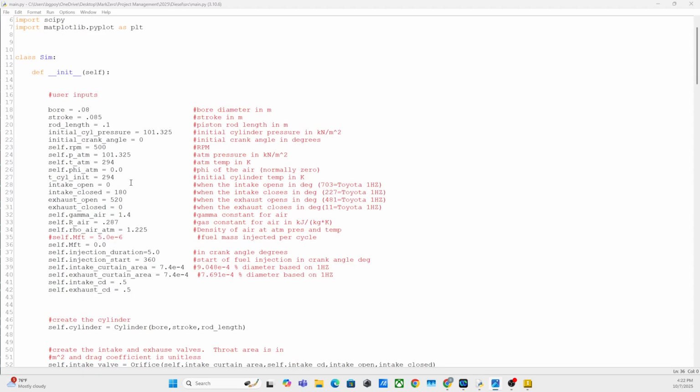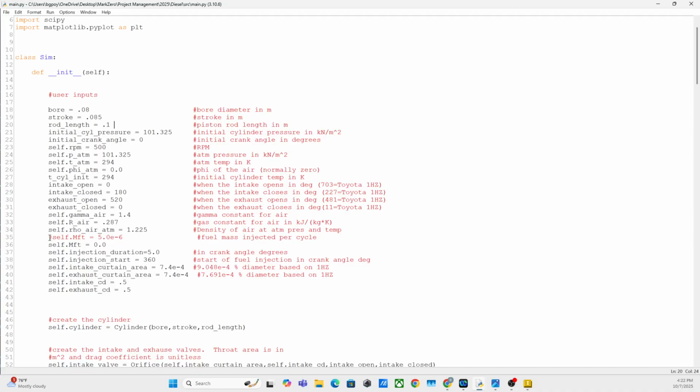So basically my estimated bore is 80 millimeters, so that's 0.08 meters. Stroke, I just threw in 0.085. The length of the rod, 100 millimeters or 0.1 meters. And then don't worry about all the rest of this. So the first thing I'm going to show you is I'm going to run this, and this is going to simulate this single cylinder engine operating at 500 RPM.